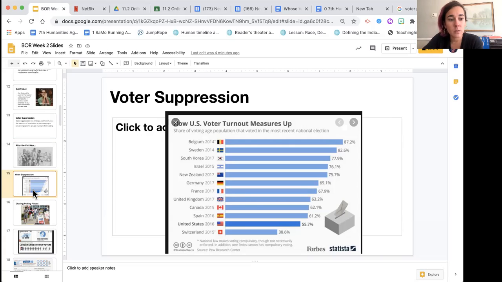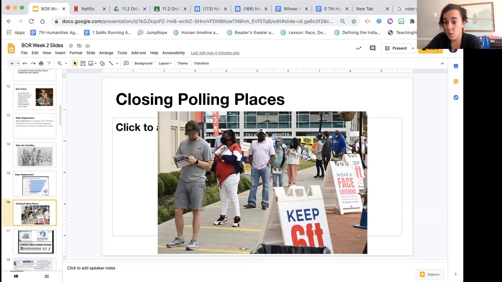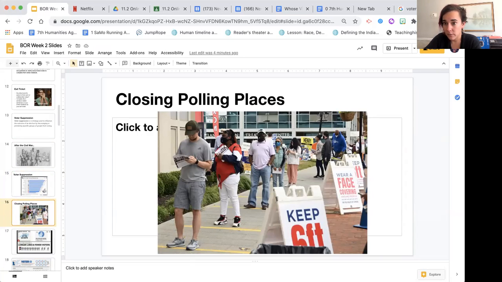So one of the most obvious things that someone could do if they want to make it harder for people to vote, especially this year with COVID, is close voting or close polling places. So have fewer locations that people go to in order to vote. At first that sounds like, well, it's a bummer, but not too big of a deal.